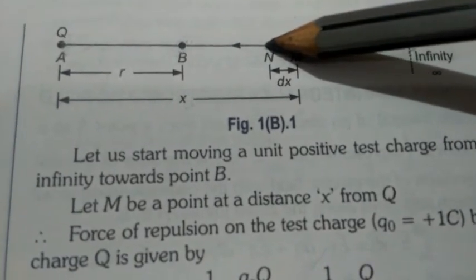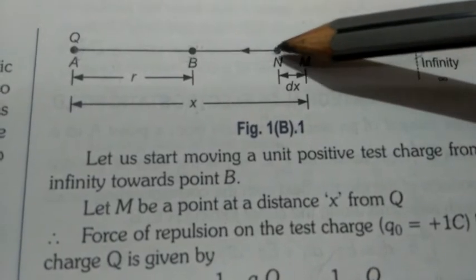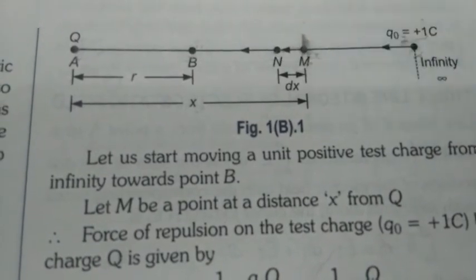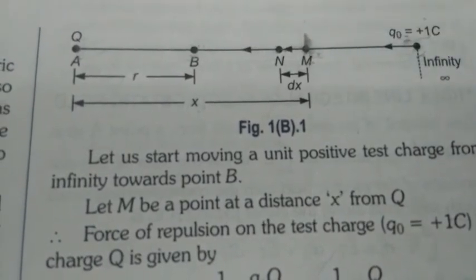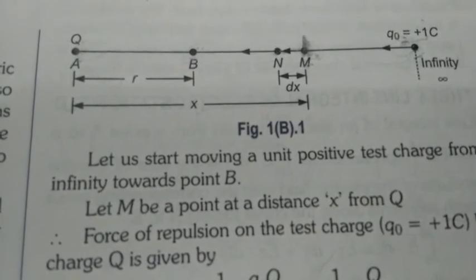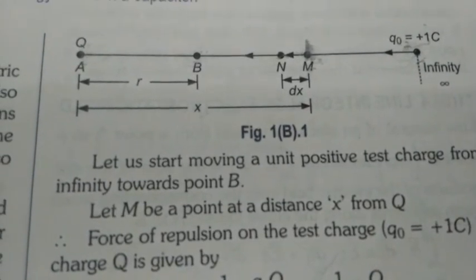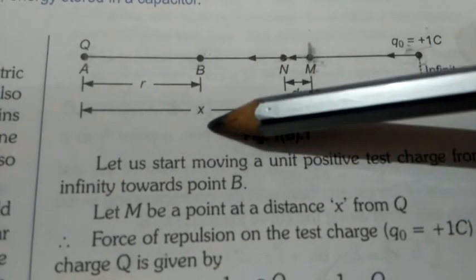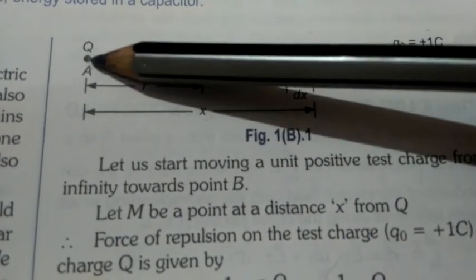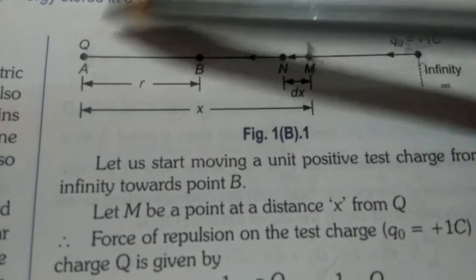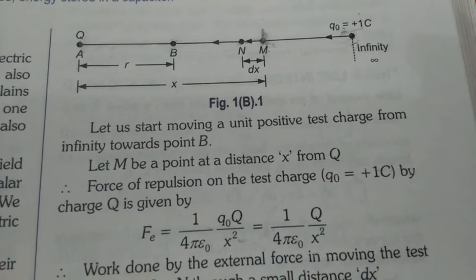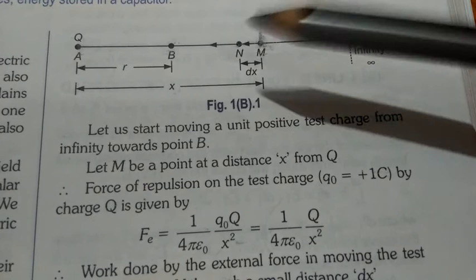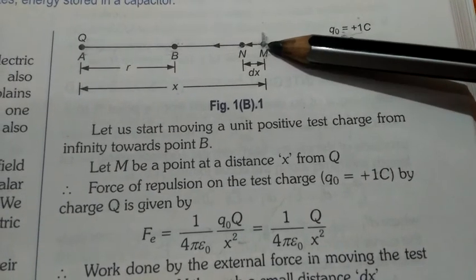Suppose the distance between M and N is dx, a very small distance, and point M is situated at a distance x from point A where the source charge is located. I hope you all have understood the diagram and what we are going to find out.